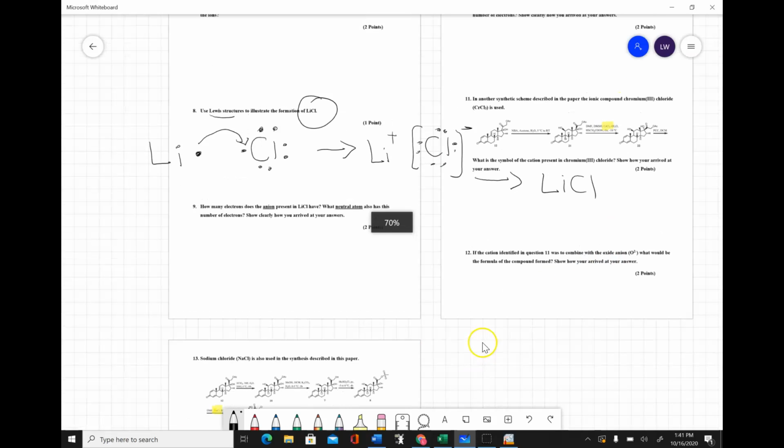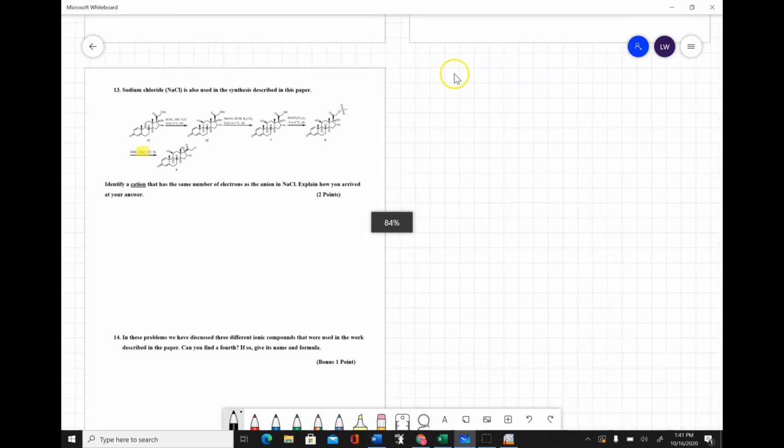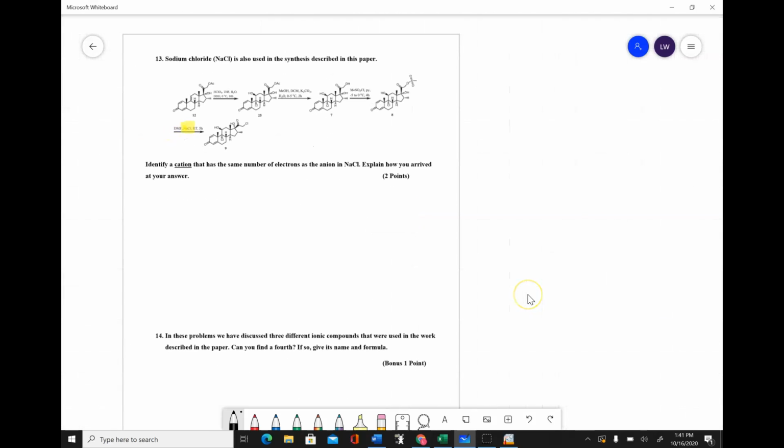In question 13, you're asked to identify a cation that has the same number of electrons as the anion in NaCl. The anion in NaCl is the chloride anion, and we know that there is a 1- charge here because chlorine is in group 7A, and everything in group 7A will form a -1 anion.